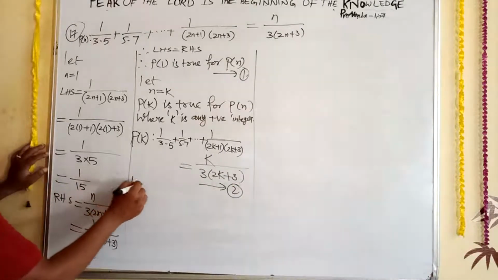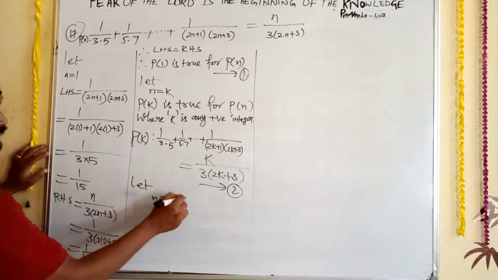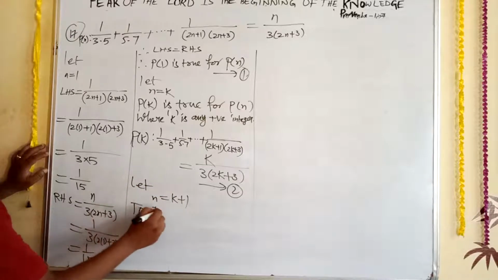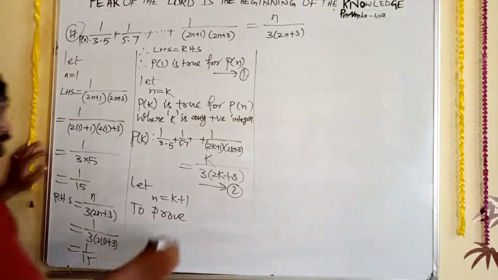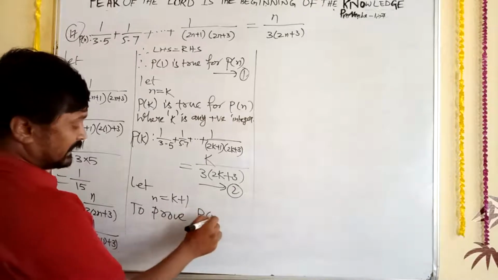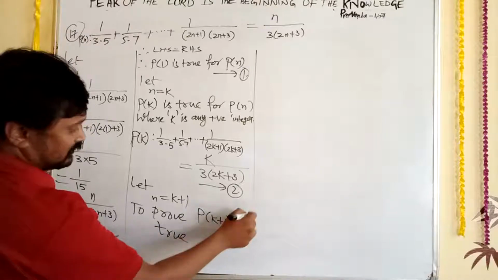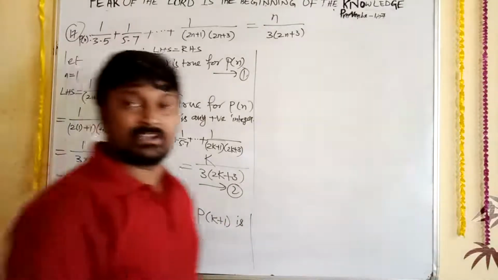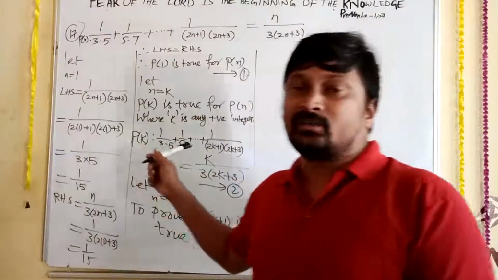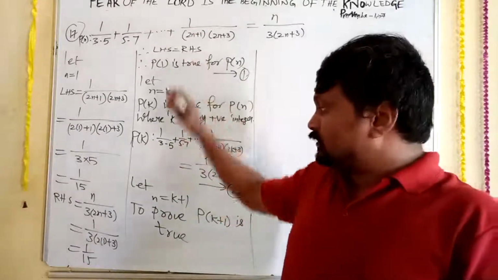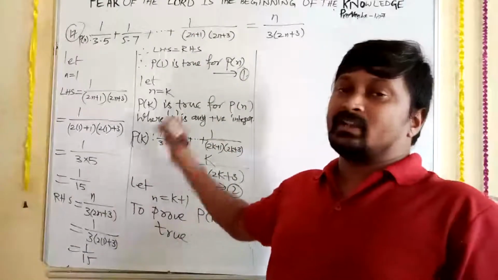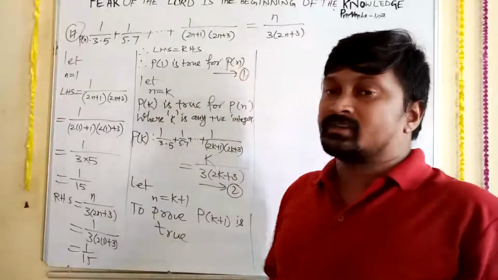Next one, let n is equal to k plus 1 to prove P of k plus 1 is true. So you try to solve on your own, and only whenever you get a doubt, that time only you have to observe the board.